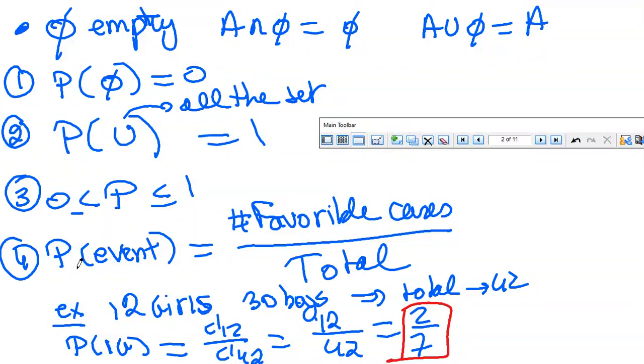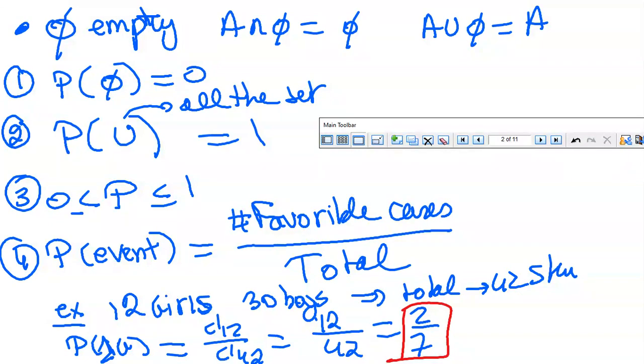The probability of any event is the favorable cases over the total. What does it mean? I'm going to give you an example. Say in a class I have 12 girls and 30 boys, so in total I have 42 students. What is the probability of choosing one girl? We have 12 girls, so I can choose one out of the 12.